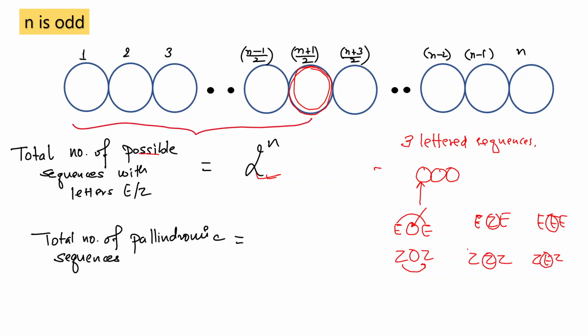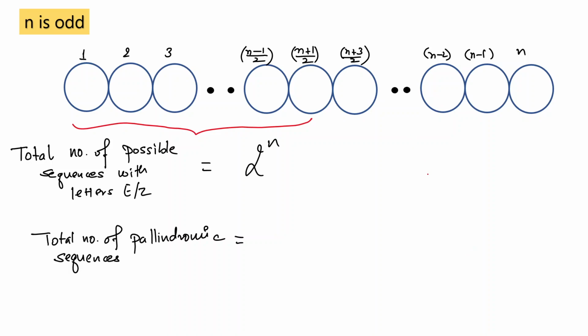So basically, if you have 3-lettered sequences, to make palindromes, just think about half of the sequence, including the middle box. So you can have EE, EZ, ZE, and ZZ, and you can turn each of these into one unique palindromic sequence. Because there is an E here, you have to write an E here. Because there is an E here, you will have to write an E here.